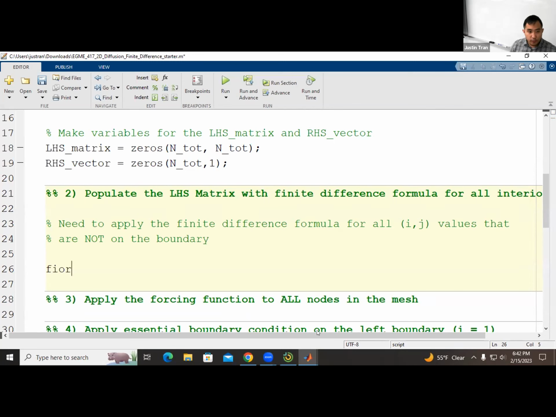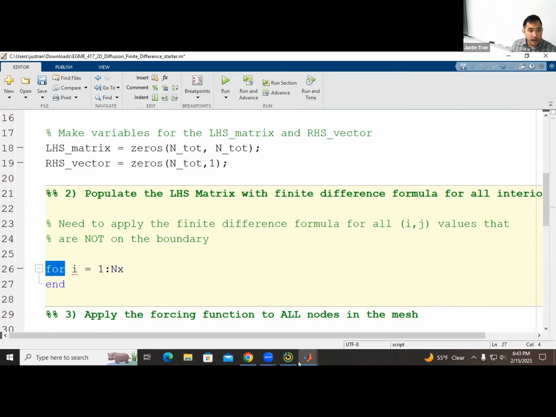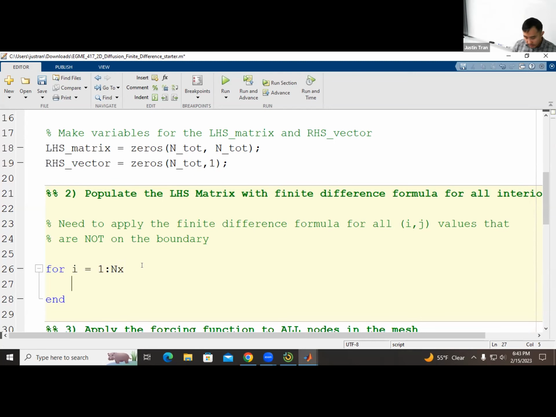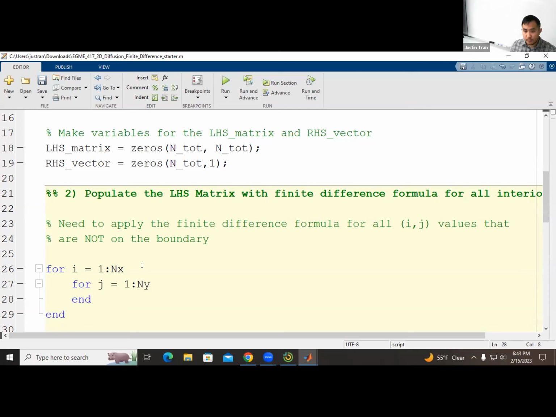For i, I'm just going to use i here to stay consistent with the ij notation. So i is going to go from 1 to nx. And then inside this, we're going to have for j equal to 1 to ny.